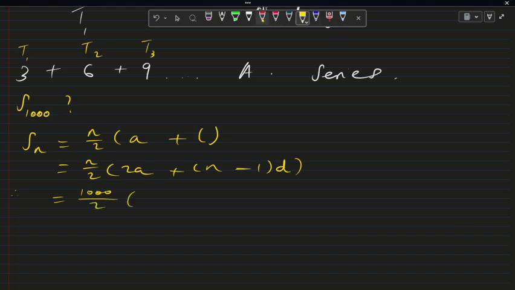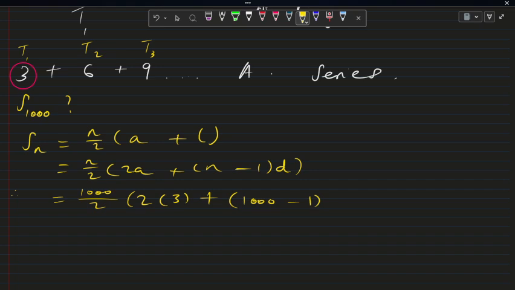a is the first term. Our first term in this particular situation is 3. So T1 is equal to 3. Okay, so 2 times T1, which is 3, and then we have n is 1,000, so 1,000 minus 1, and d.